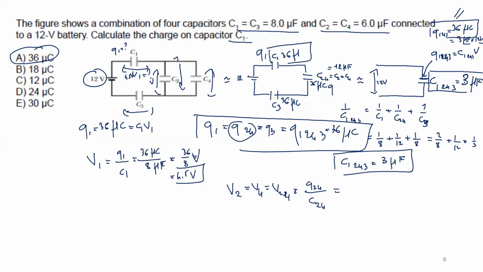Q24, I already know it here. Q24 is 36. What is C24? It's 12 microfarad. The micro goes away, coulomb divided by farad gives you volt. So this gives you 3 volt. So here I had 4.5 volt. Here I had 3 volt. So what should be V3 here?